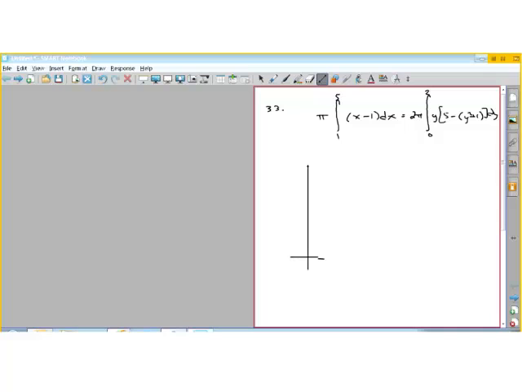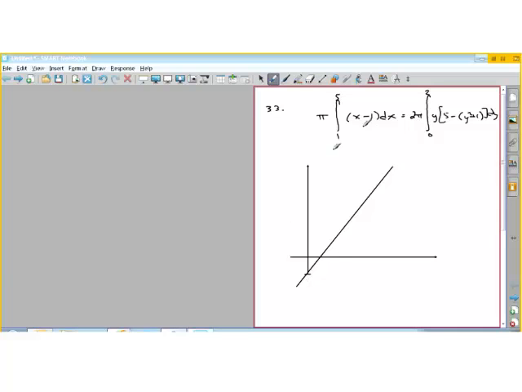So if we draw a line x minus 1, that's going to have a slope of 1, and it's going to intersect the x-axis. It's going to look something like that. And this has a y-intercept of -1.